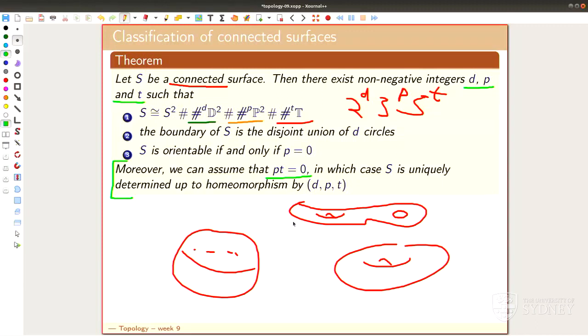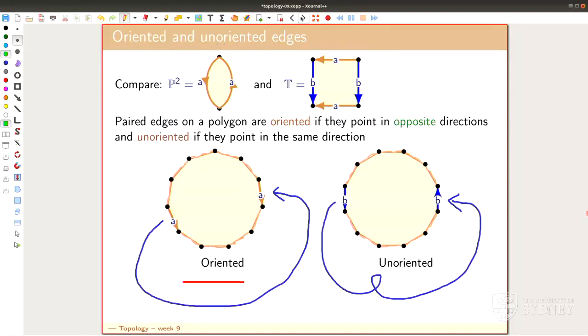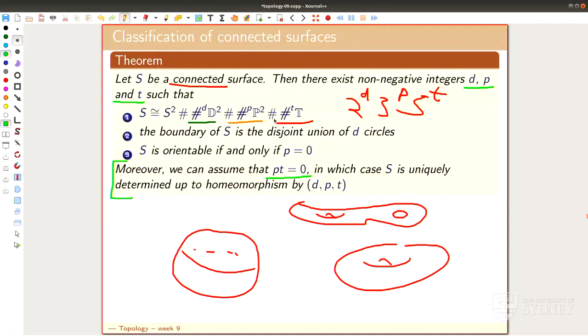Then you have this equation from before, where the projective plane hits a torus, and whenever you can do that, you can replace the torus by more projective planes, because the projective plane is dominant. So as soon as one of them is positive, you can just replace it, and you get more projective planes. So you can always assume that P or T is 0, and it's unorientable if and only if P is not 0.